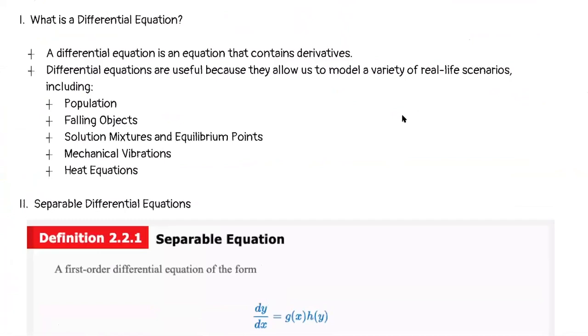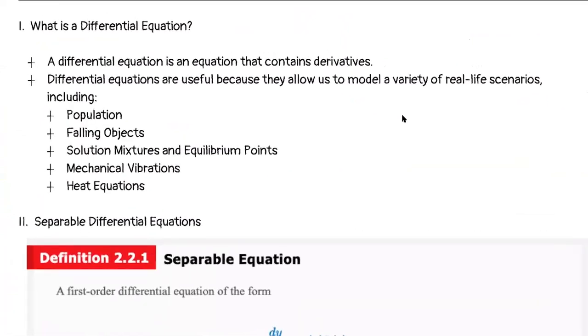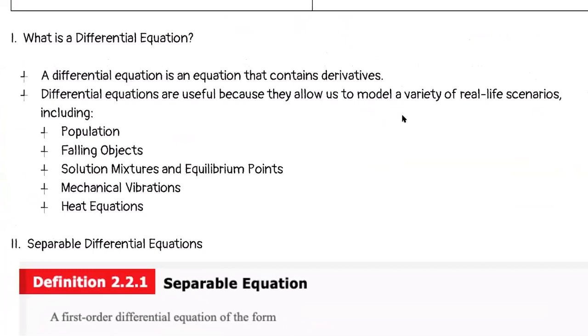All right, so what is a differential equation? A differential equation is nothing more than an equation that contains derivatives. It might contain one derivative, it might contain two derivatives, it might contain three derivatives.